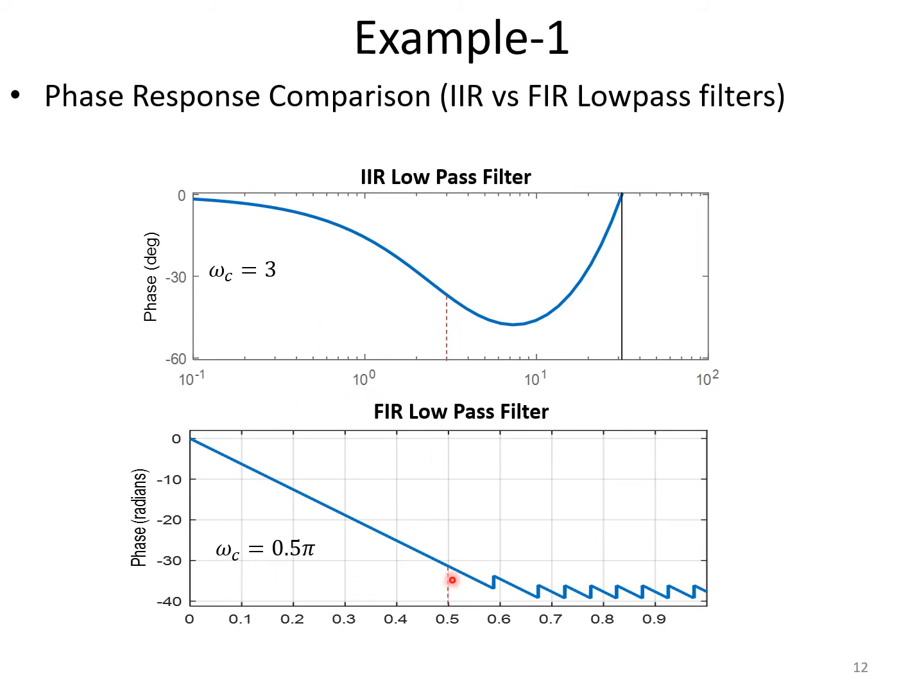So this is the pass band from 0 to 0.55 for this filter, and this is the pass band from 0.1 to 3 radian per second for IIR filter. So you can see it is not quite linear, although it is acceptable, but it's not linear. But the phase response of FIR filter is like a straight line, it's very linear.